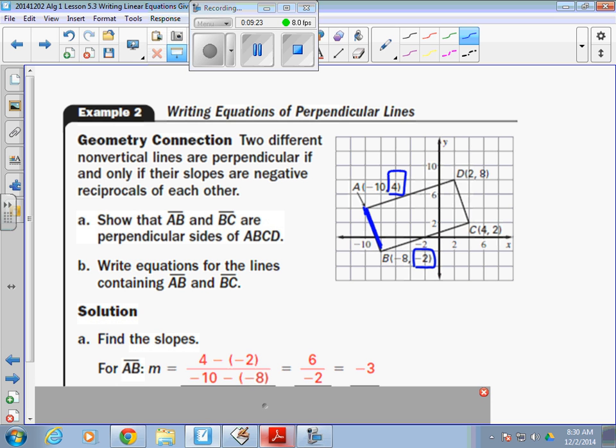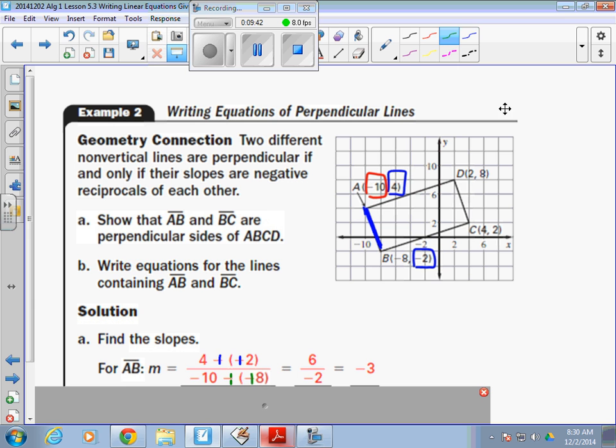Minus a negative 2 means plus 2. 4 plus 2 is 6, over x sub 2, negative 10, minus a negative 8. Again, minus a negative means plus. So negative 10 plus 8 is negative 2. 6 divided by negative 2 is going to be negative 3.